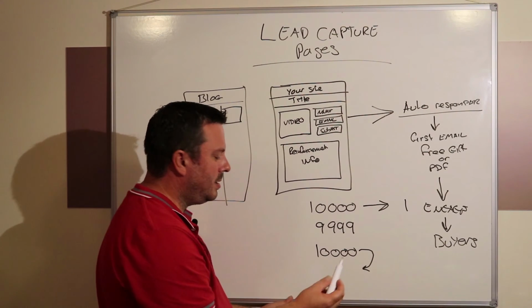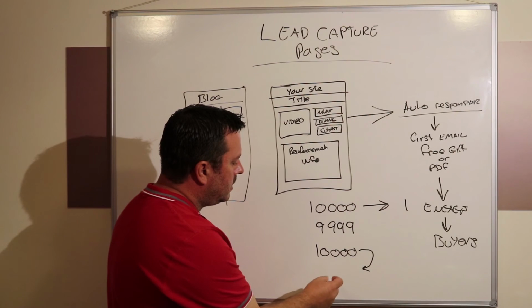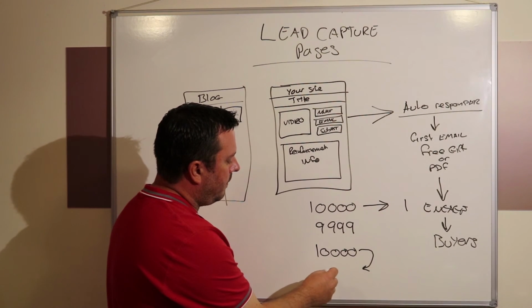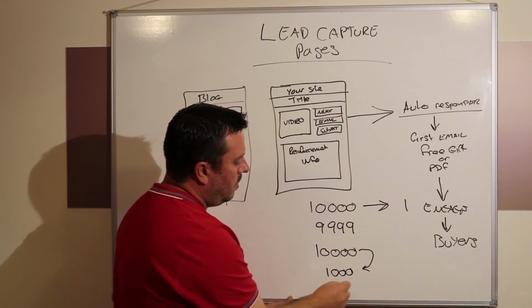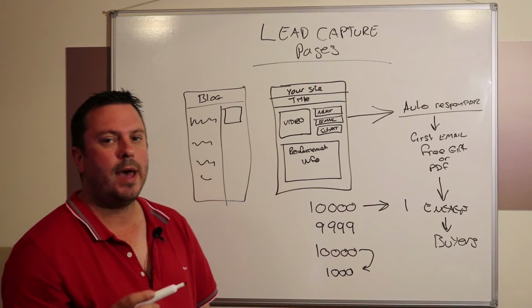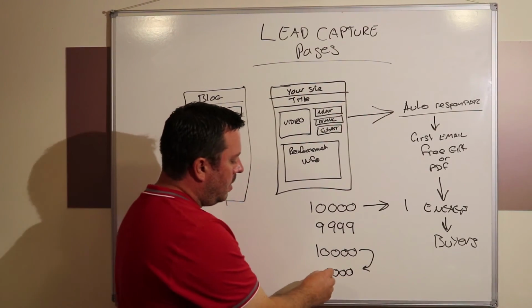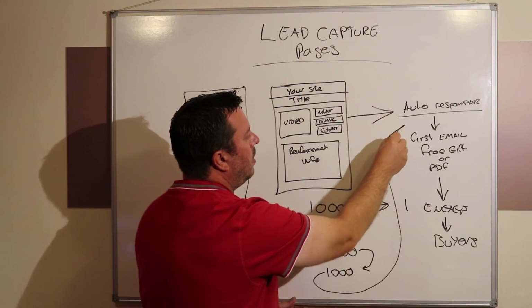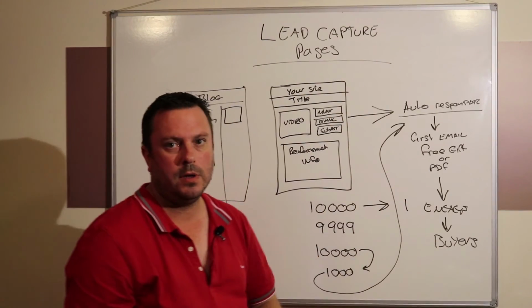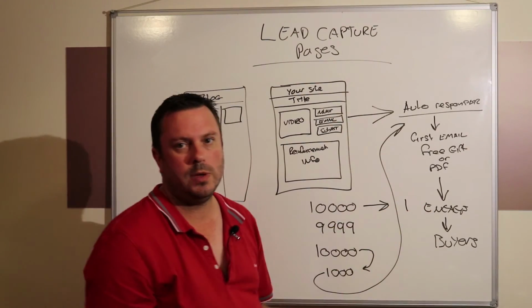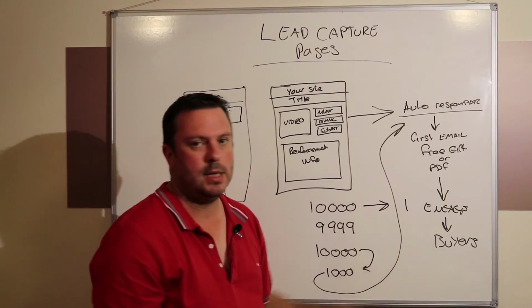No, let's say 10% because it's a nice round figure. So let's say 10%. So 10% of that is what? 1,000. So now you would have 1,000 people on your autoresponder who you've given a free gift, who you can then engage with and then turn into buyers.